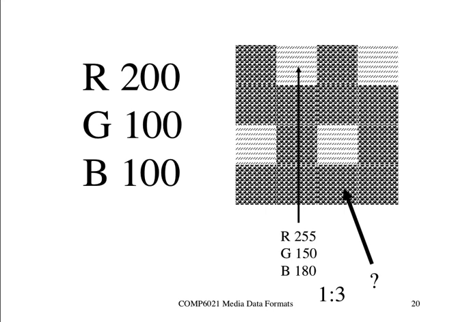The target color that we're trying to represent has a red value of 200, a green 100, and blue 100. So on average, this turns out to be 200, 100, 100. And what is the missing color there then?